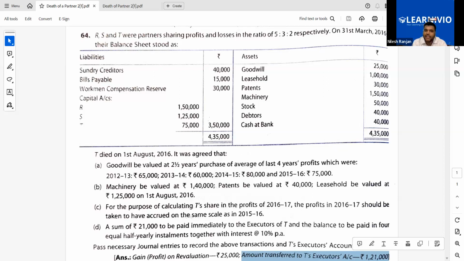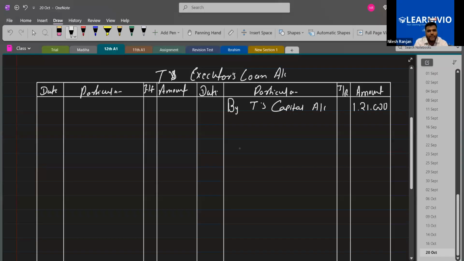If it was not given, then I have to prepare the capital account and then I have to prepare the executor account. Simple. But in this question, the answer is given, so I have taken this answer for my solution.